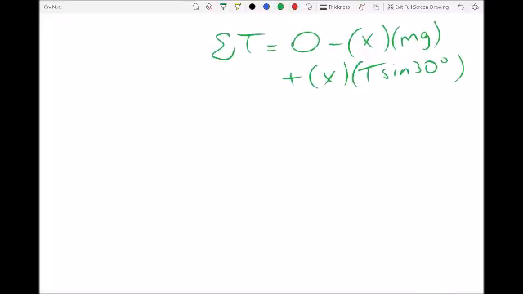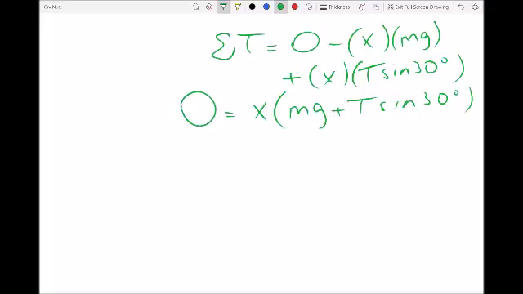Since we have x being multiplied with both of them, we can just pull out an x, and we'll have weight plus tension times sine 30 degrees. We know that the sum of torques is 0, so if we just divide out the x, we'll have 0 equals weight plus tension times sine 30 degrees.